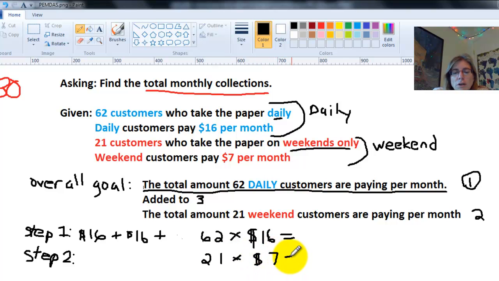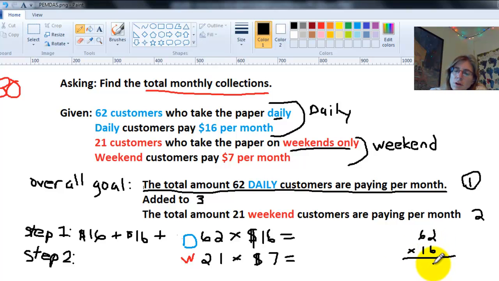So that's the total he collected from the weekend customers. We'll abbreviate and call these the W customers, and we'll call these the daily customers. So we have to do the math. 62 times 16. I'll squeeze it on here.